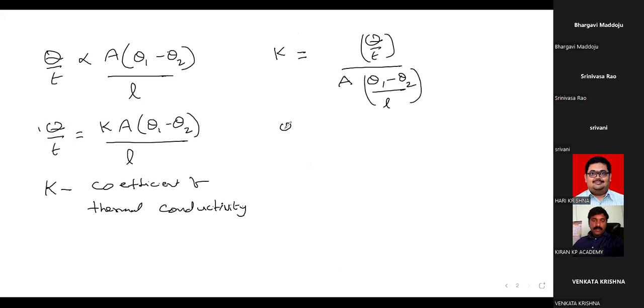Here Q by t is the rate of heat flow. A is the area of cross section.